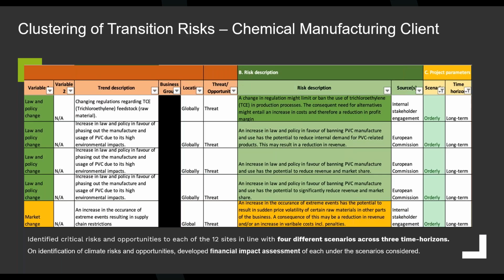So it could be access to the EU market because of the changes in policies in the EU. Now, while there are multiple ways that could impact the client, the common driver is the EU. So in this case, we talked about the exposure to specific parts of the EU legislative scene.